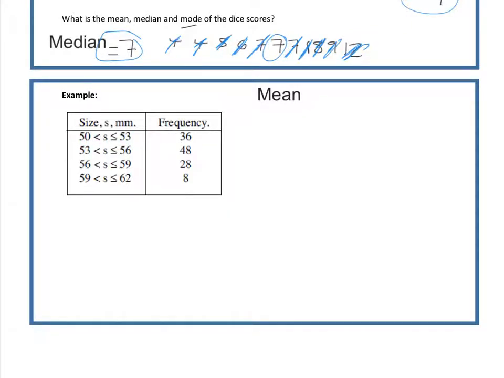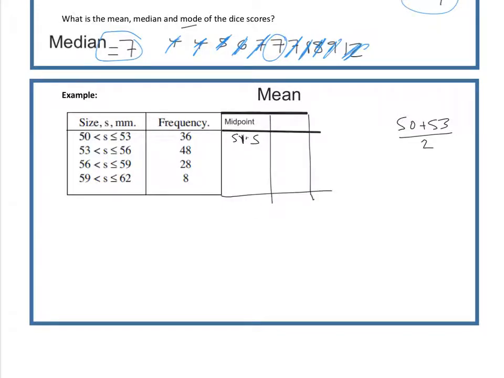Now if you're not able to calculate it easily, to find the midpoint, all you need to do is add the two numbers together, end point, and then divide them by 2. And what you get is 51.5. So we're going to need to do that for all of the data. So I'm going to add in a couple more columns, because we'll need the midpoint, and then we'll also need to do something with the midpoint. So we'll do the same for the next class group.